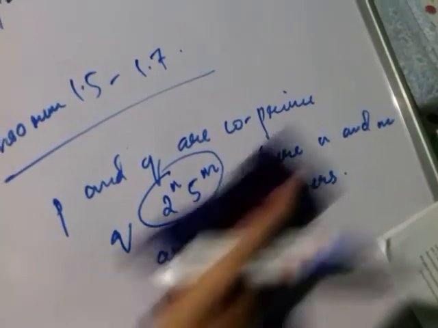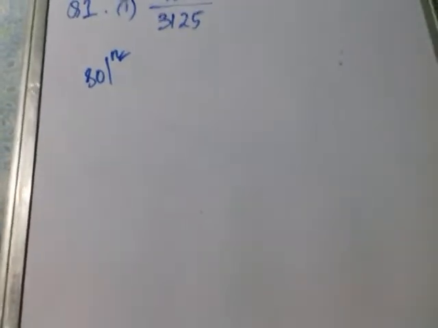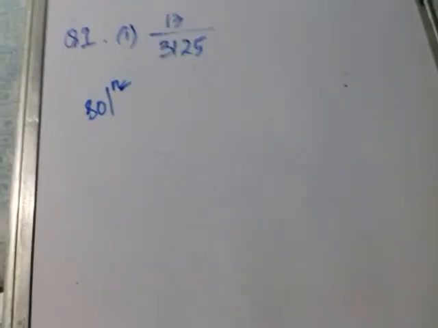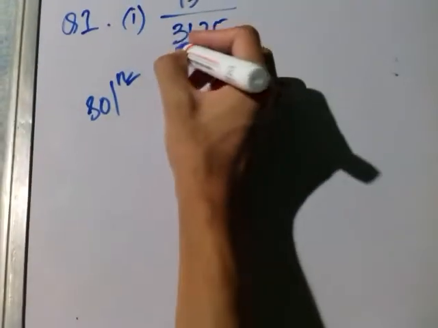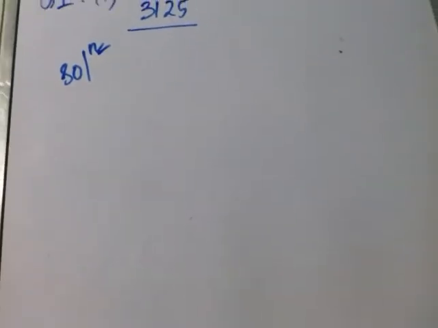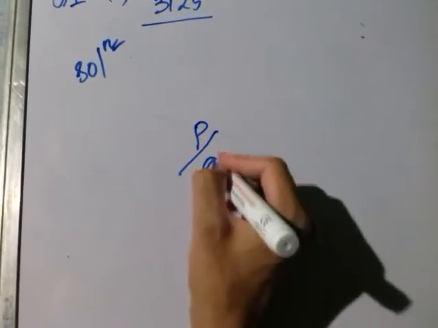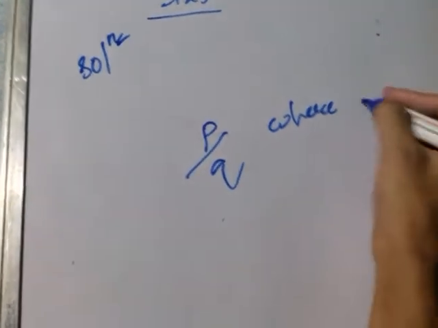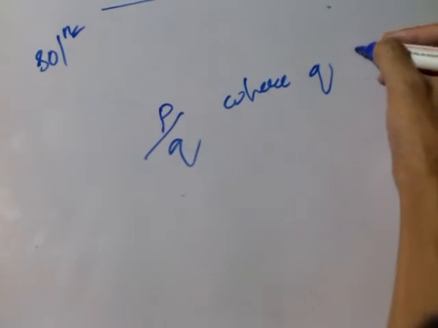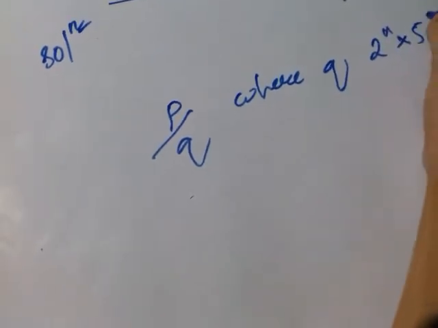So how to do this, you see clearly here, I will explain. First you need to see the denominator, because in the form p by q, q is in the form of 2 to the power n into 5 to the power m.